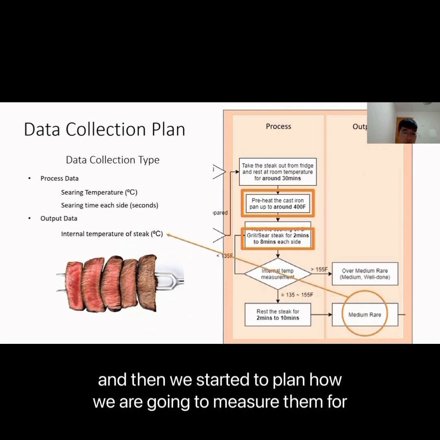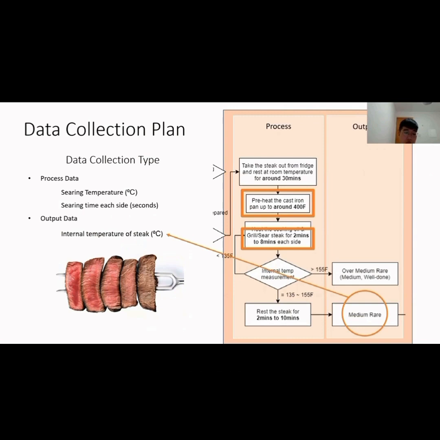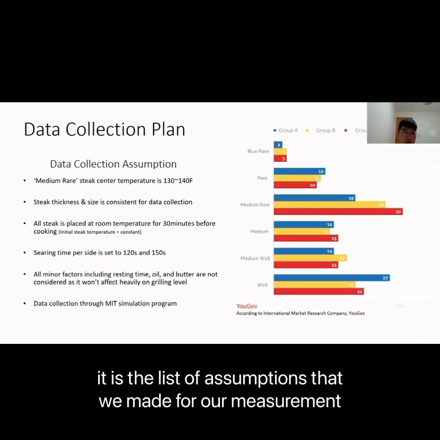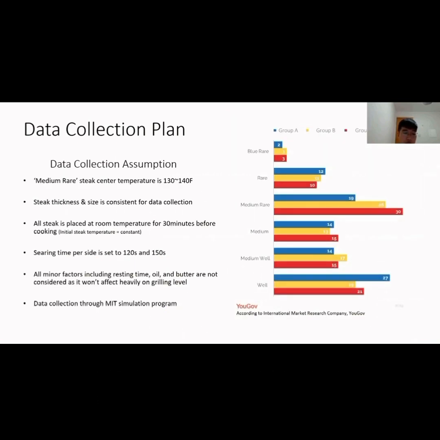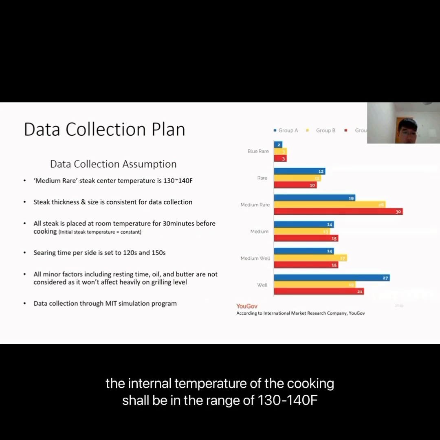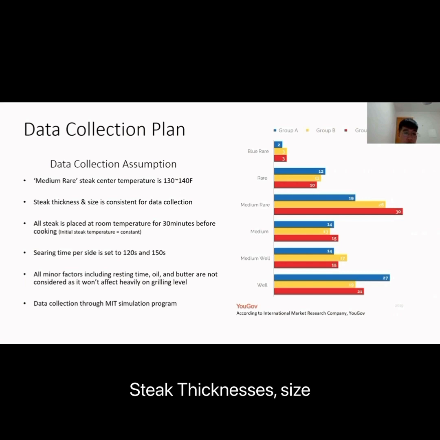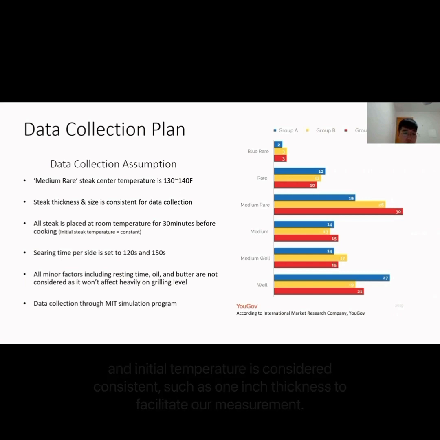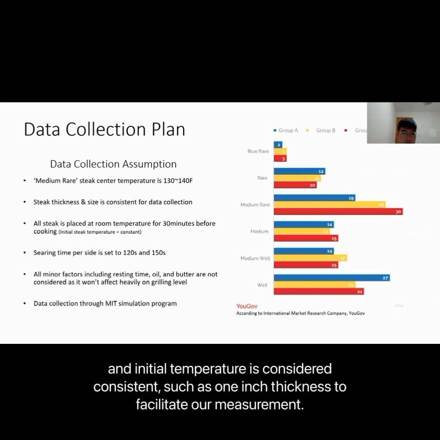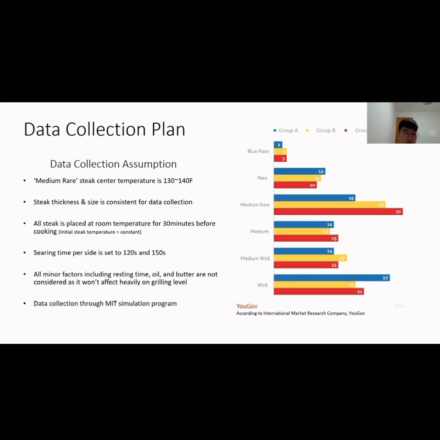And then we started to plan how we are going to measure them for further analysis. Here is the list of assumptions that we made for our measurement. First, the internal temperature after cooking shall be in the range of 130 to 140 Fahrenheit. Steak thickness, size, and initial temperature are considered consistent, such as 1-inch thickness, to facilitate our measurement.